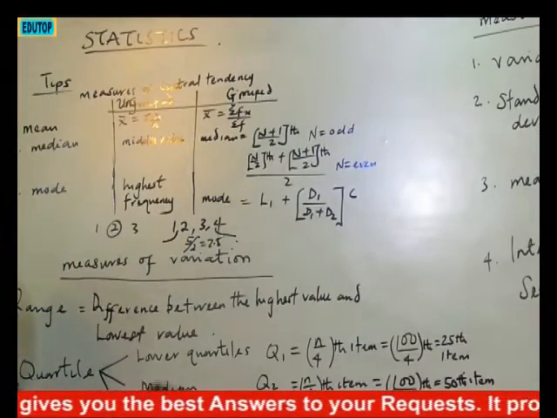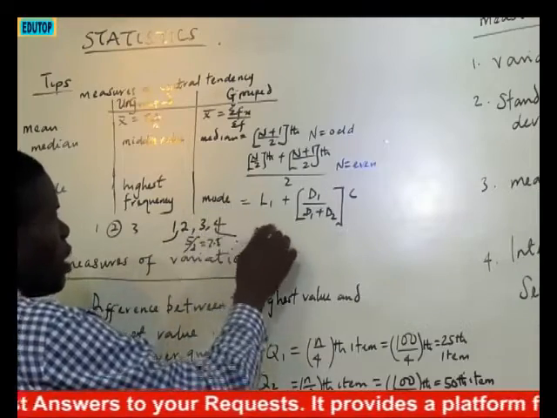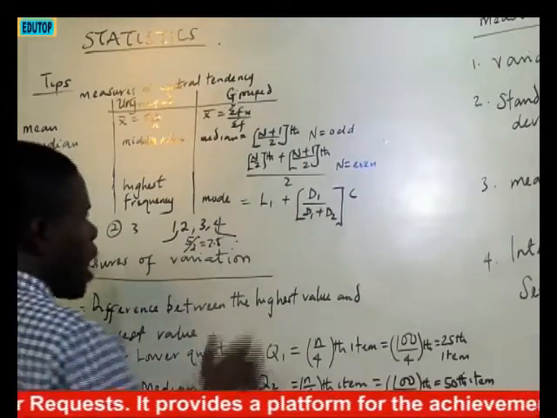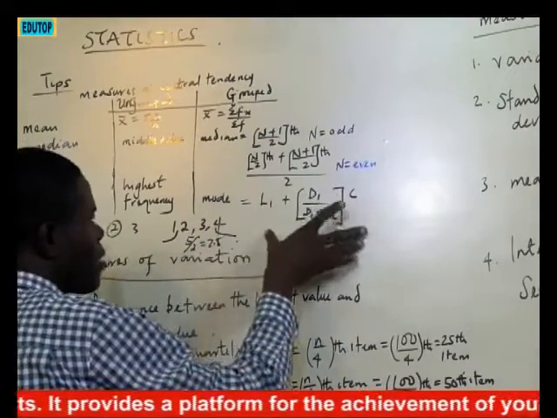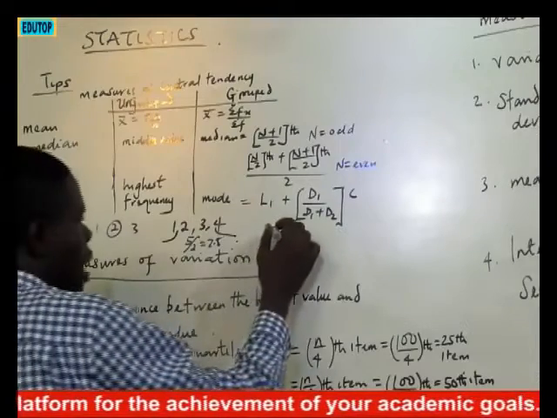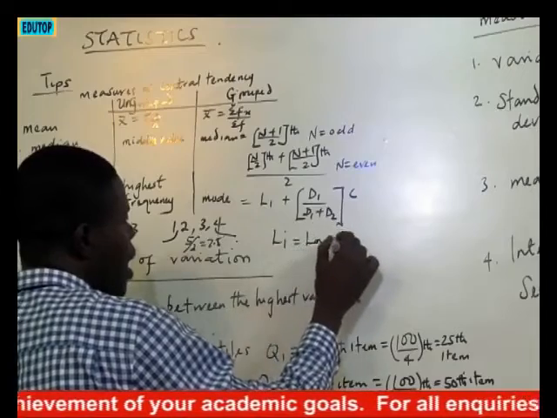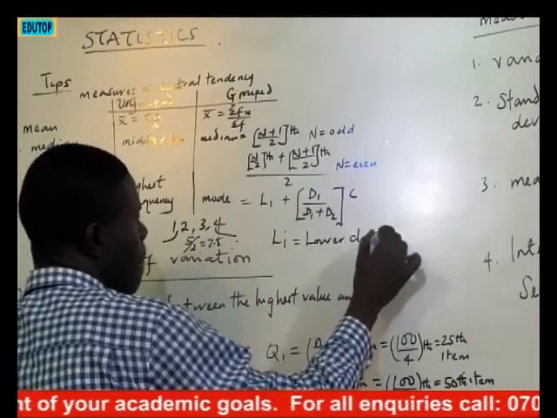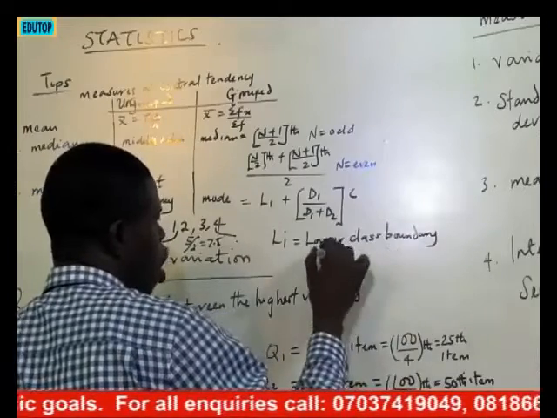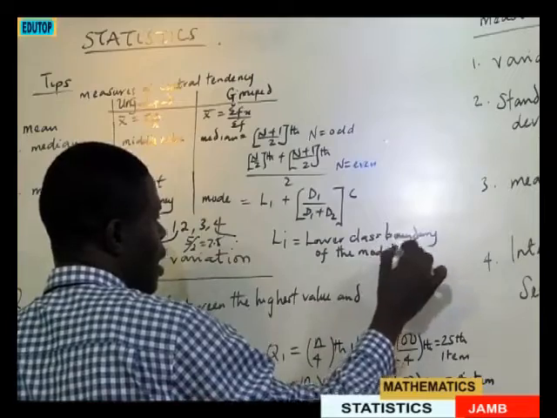But for grouped data, we have no other choice than to resort to the use of this formula. And if you have to use this formula, our interpretation of the parameters must be correct. In the first case, we know that L1 is the lower class boundary of the modal class.